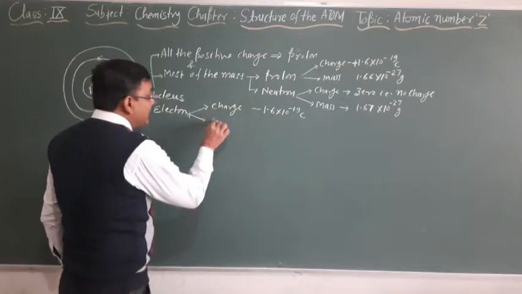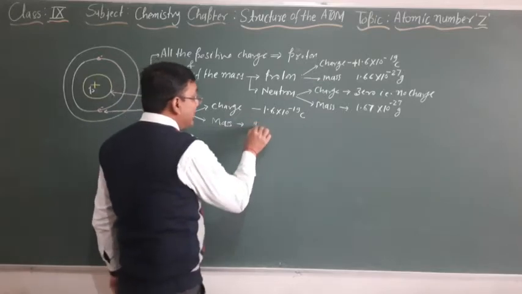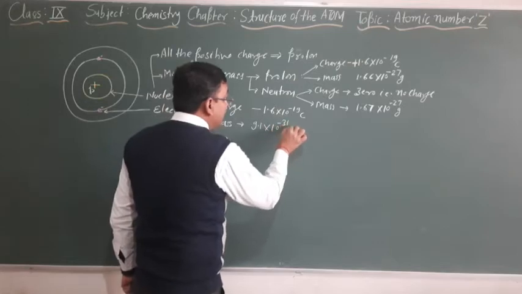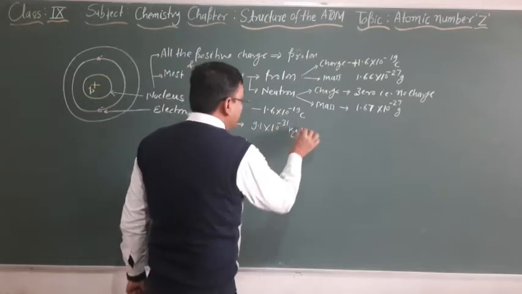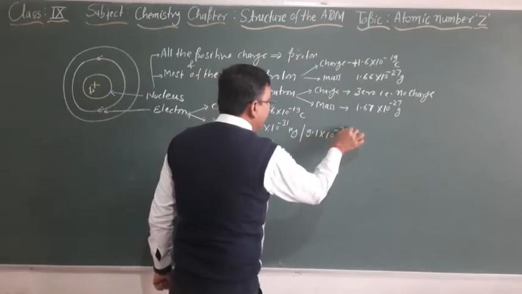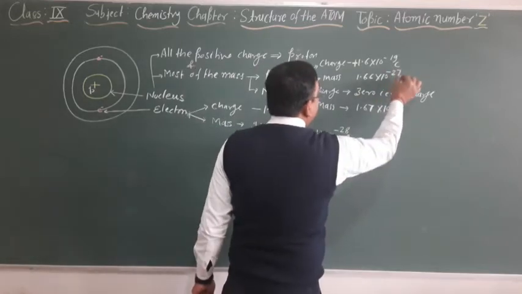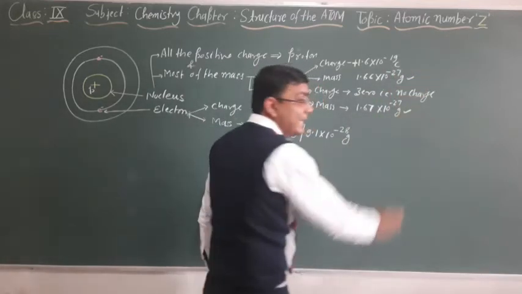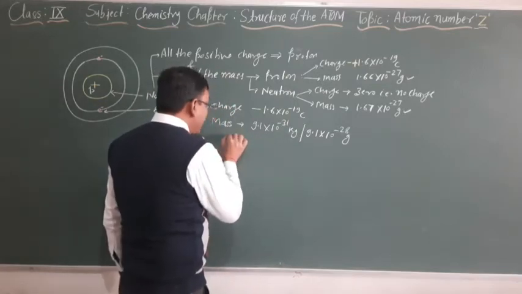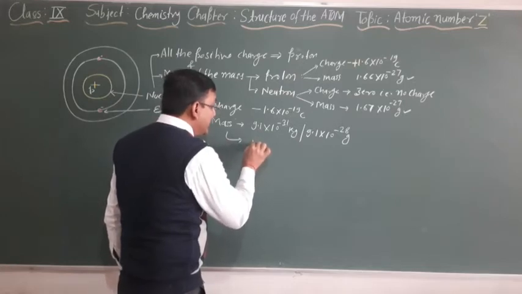What about the masses? The mass of the electron is 9.1 into 10 to the power minus 31 kilogram, and in terms of gram, 9.1 into 10 to the power minus 28 gram. As compared to the proton or the neutron, the mass of the electron is negligible.